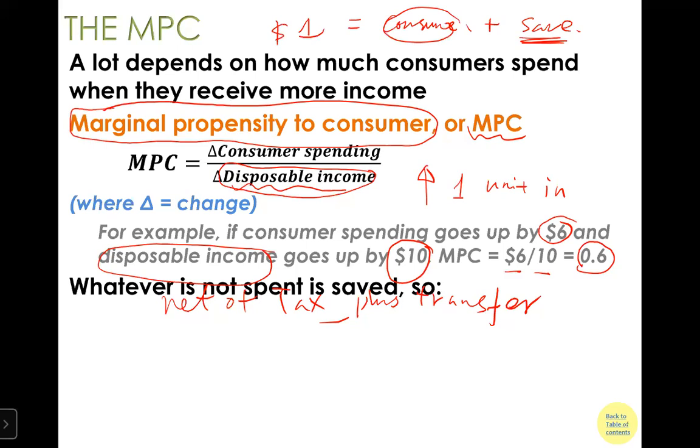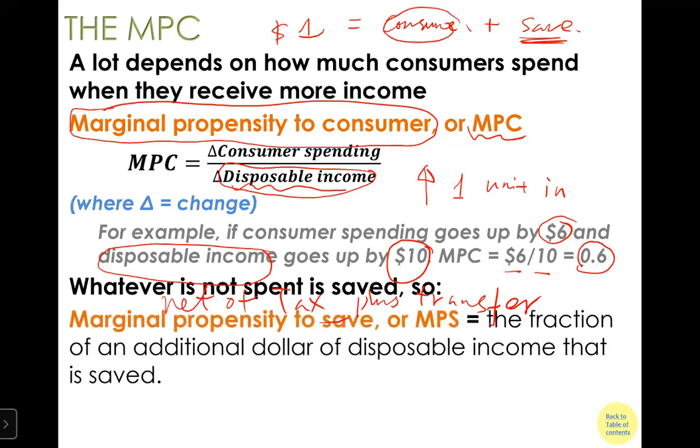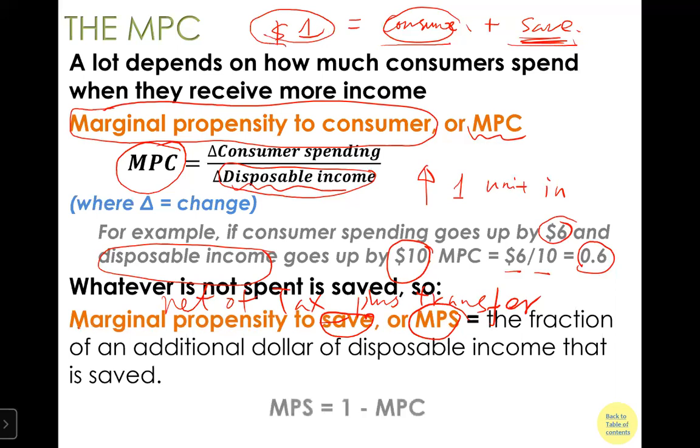This also immediately means there's an interesting relationship between MPC and MPS. What is MPS? This is comparable to MPC. It's the marginal propensity to save. Given that $1 must be divided between consumption and saving, we immediately have this equation: 1 equals MPS plus MPC.